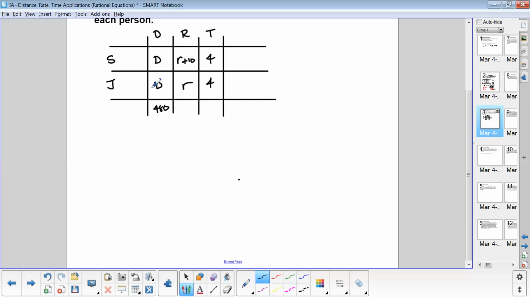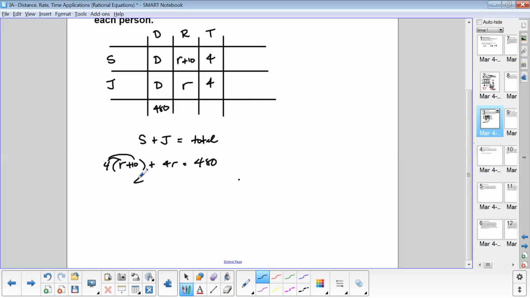So basically Susan plus Joan is going to be the total distance. Susan's distance is rate times time. Joan is rate times time, and all of that equals 480.